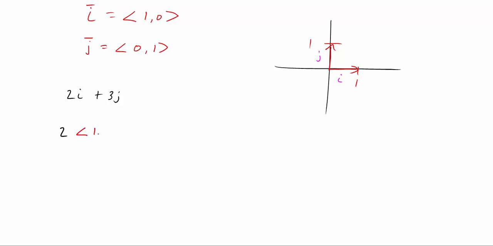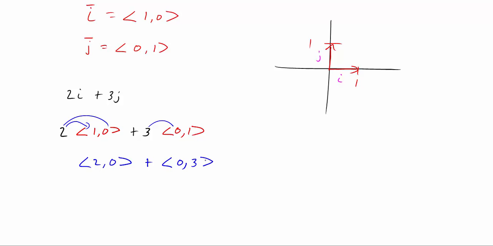So that's 2 times (1, 0), plus 3 times j, which is (0, 1). If we multiply this out, we get 2 times 1, which is 2, and 2 times 0, which is 0, and then 3 times 0, which is 0, and 3 times 1, which is 3.